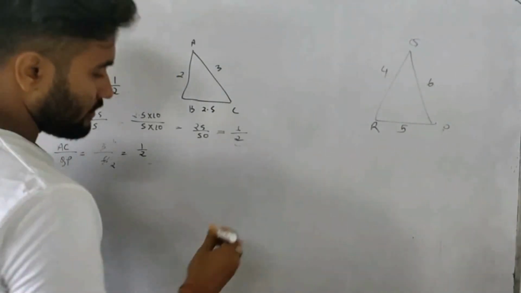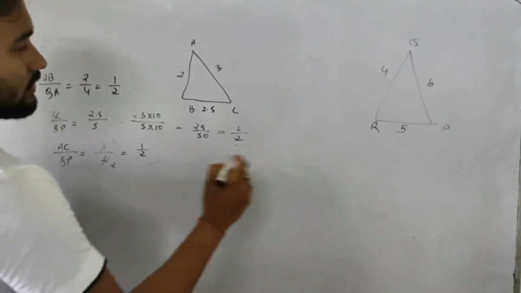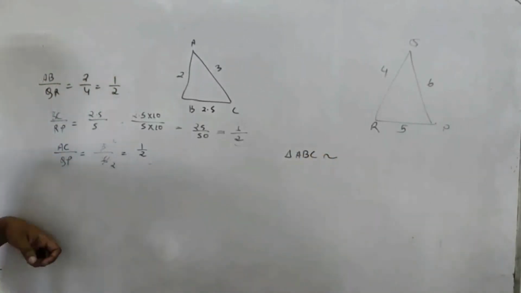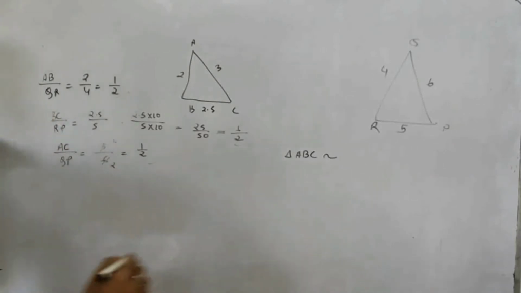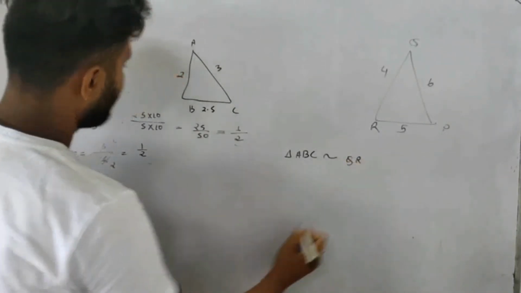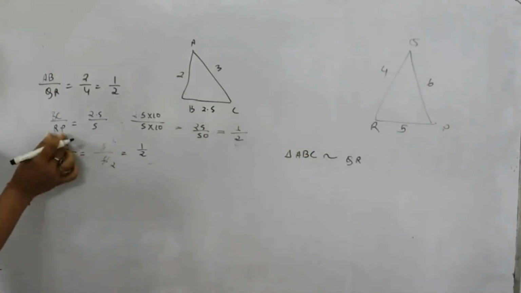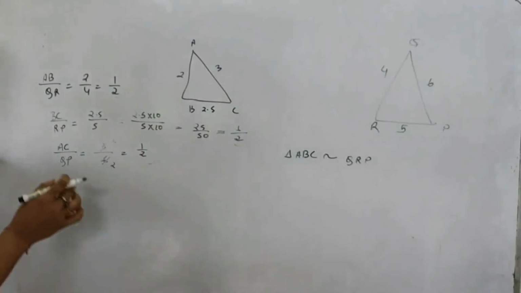So I can say now that triangle ABC, first one you write, no problem. With AB what will come? QR will come, right? So you write QR. Then with BC what will come? RP will come. So R is there, over here what will come? P. So now you check the last alignment.